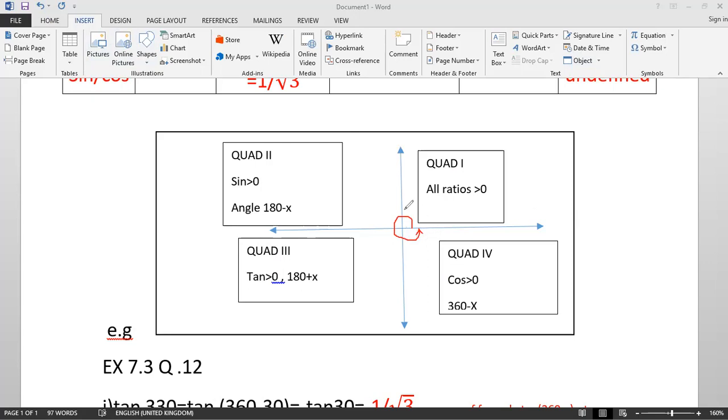And if you keep on taking rounds every time, when you reach 360 degrees or minus 360 degrees, the angle value will become zero.